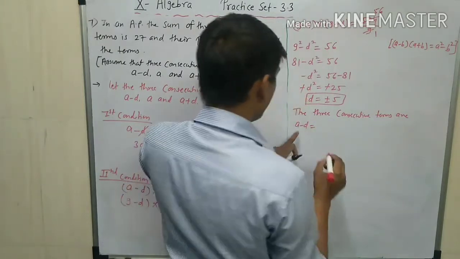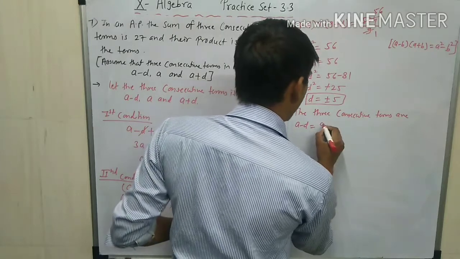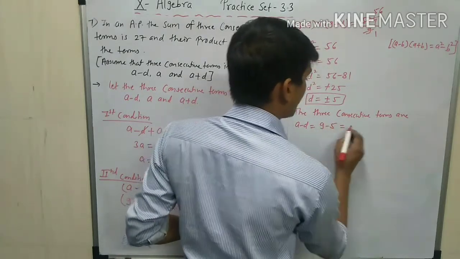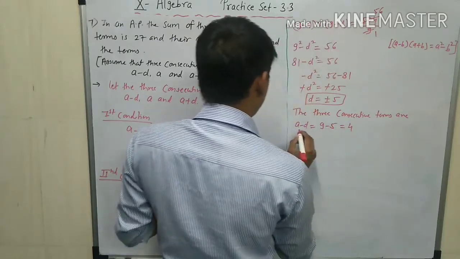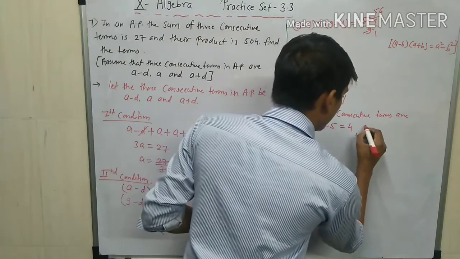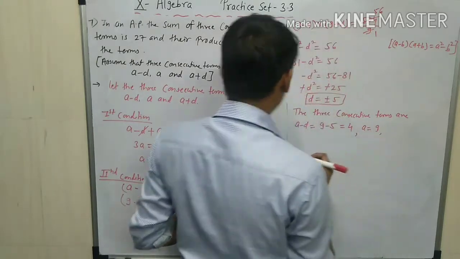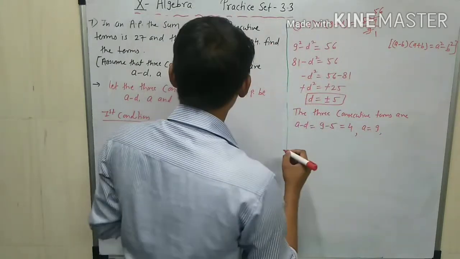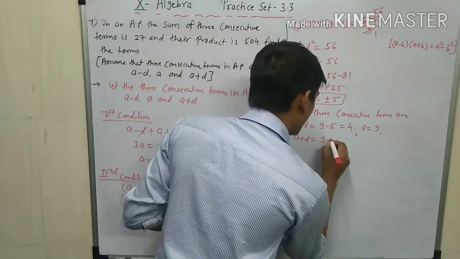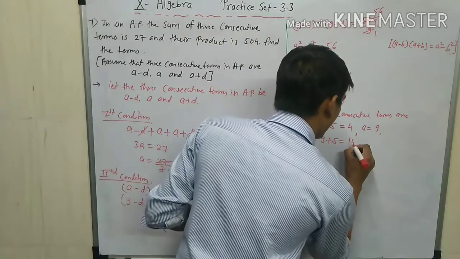A value is 9, minus d, which is plus 5, so 9 minus 5 is 4. Now a value is 9. You can write here a is equal to 9. Now second is a plus d, which is 9 plus 5 is equal to 14.